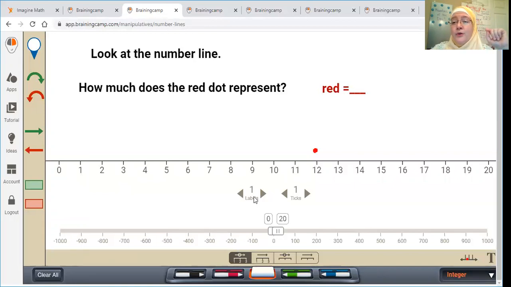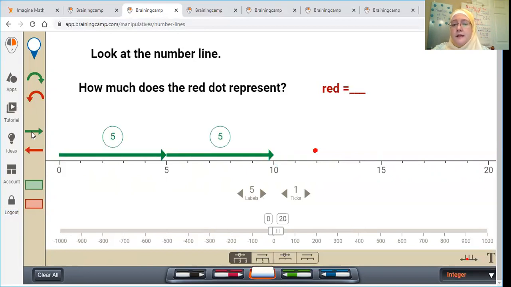Now, on the computer, when you're playing games, sometimes they might not show you all of these numbers on here. They might show you that you're counting by 1s or by 5s or by 2s. So what if we were counting by 5s? Am I still going to be able to find it even though it doesn't say the number down here? Of course I can. So I can still count by 1, 1, 2, 3, 4, 5, or I can actually count by 5s, right? 5, 10, and then I'm going to continue on with another 2.